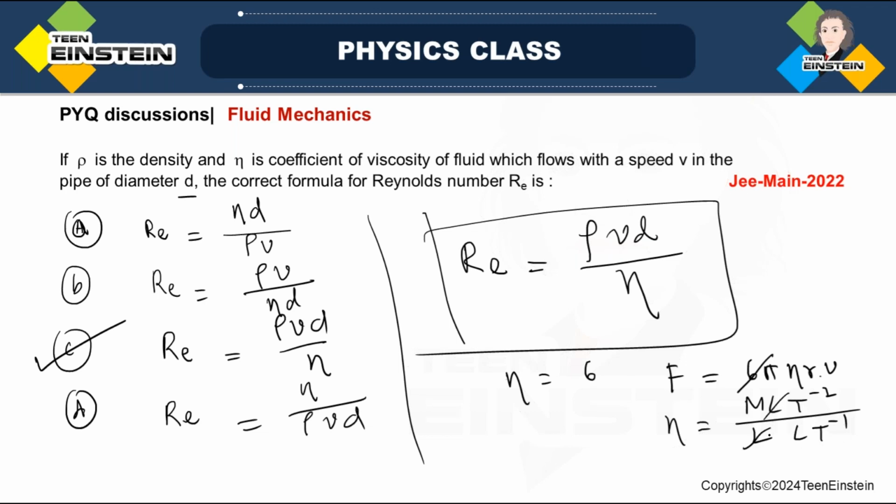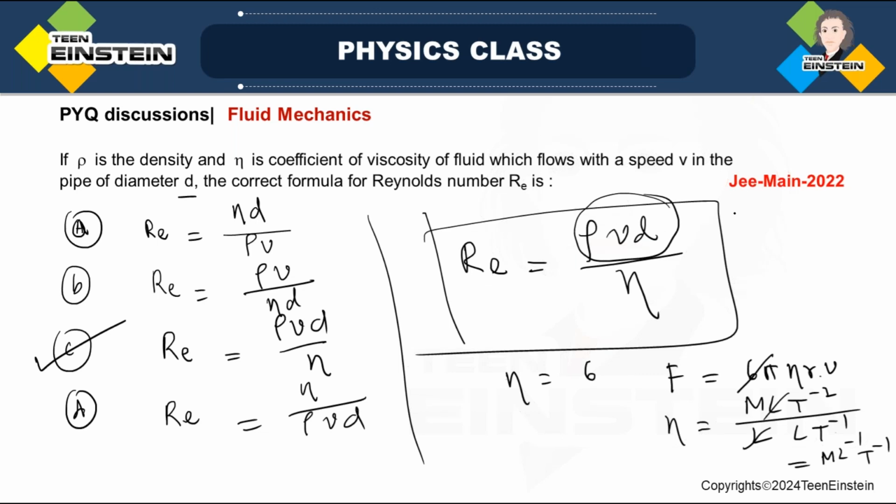This L will cancel, and I get M L to the power minus 1 T to the power minus 1. So this will give the same dimension because Reynolds number is a dimensionless quantity.